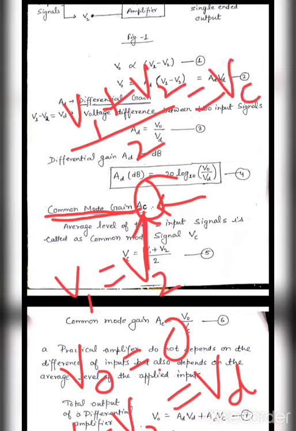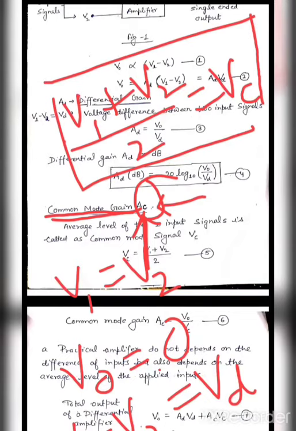It is called the common mode signal voltage, denoted by VC. So the output of a differential amplifier not only depends on the difference of the input voltage but also depends on the average level of the applied voltage VC.